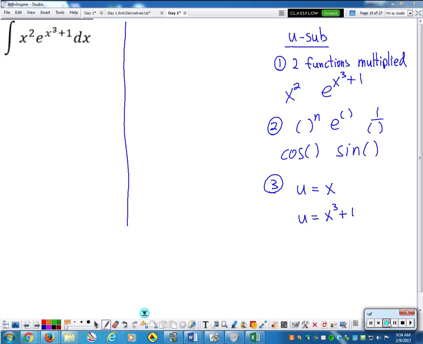Yes, you're just taking the expression for u, so that would be x cubed. And the next line, you always take the derivative in terms of the input variable, so in this case it would be d over dx, and then this side, just d over dx.